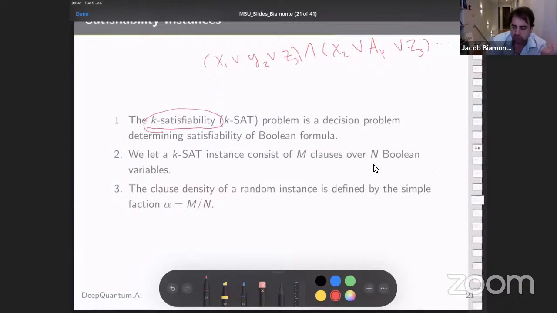So this would be an example of 3-SAT with 2 clauses. This is called a clause, and the K in front of it is just the number of variables. We let a K-SAT instance consist of M clauses over N Boolean variables, and the clause density of a random instance is defined by this simple fraction. Are there questions about that? We can do an example of that if you want.